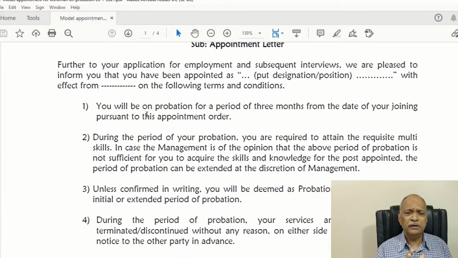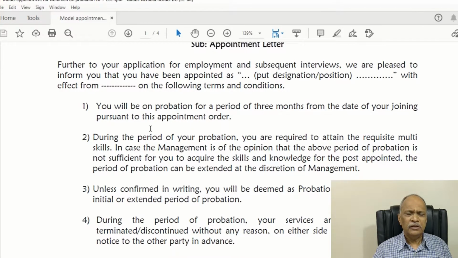This probation period, and all the terms and conditions of the appointment letter I have mentioned here, are based on the Maharashtra model standing orders. So in Maharashtra, under model standing orders, the probation period is 3 months, and in case of unsatisfactory performance, management can extend it by a further 3 months.